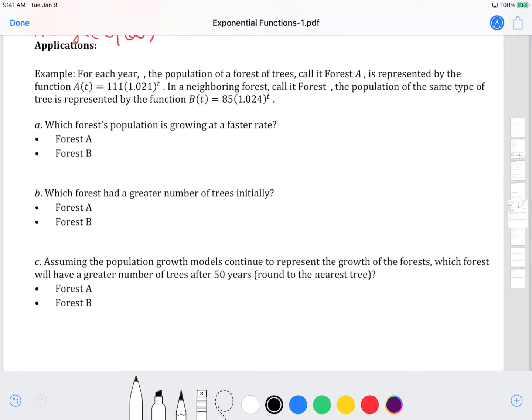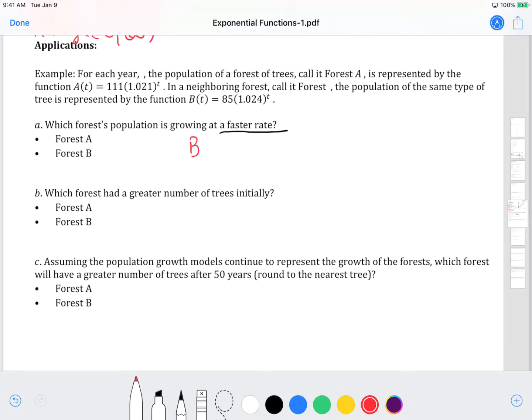And so if you plug in t, which represents the number of years that have passed, then you're going to get out the number of trees that the forest has. Okay, so in part A it says, which forest population is growing at a faster rate? Since the faster rate has to do with the growth factor, we want to look to see which one has the biggest growth factor.